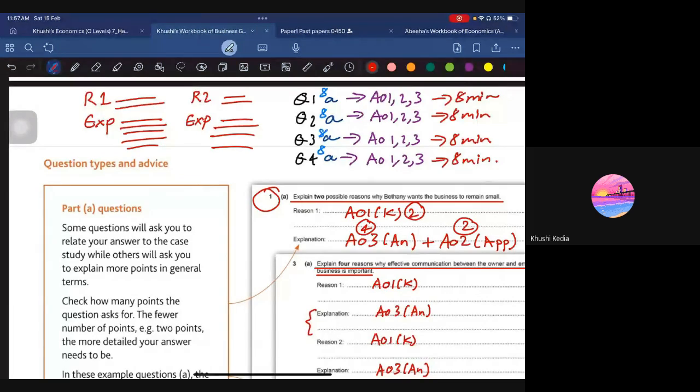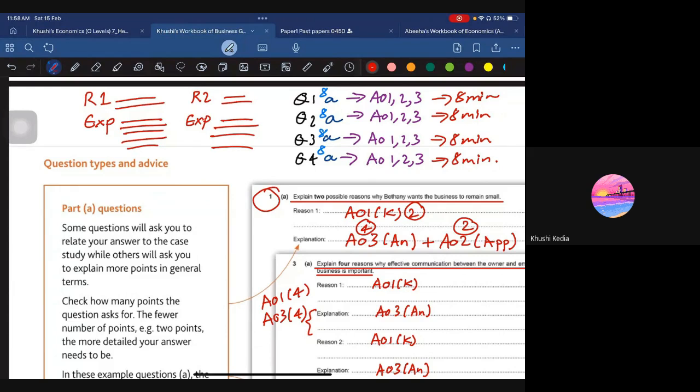But now in an 8 marker, it is a bit different. When you're writing an 8 marker, it could be like this, where you have AO1 for the 4 marks and AO3, the impacts that you are giving, a bit of explanation. Basically, an additional mark for each explanation that you provide.